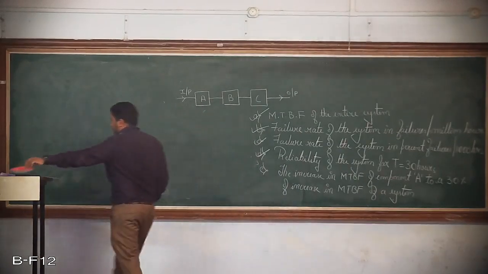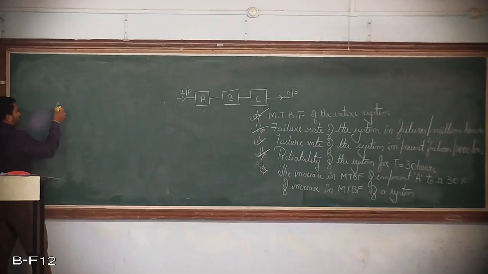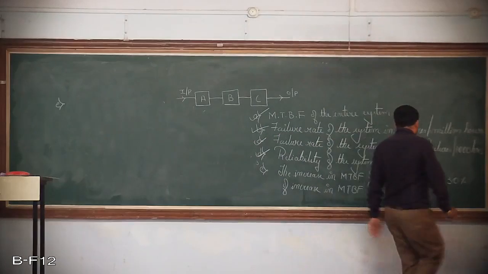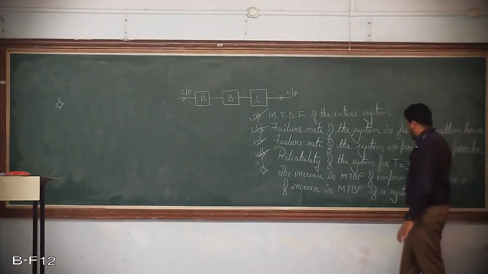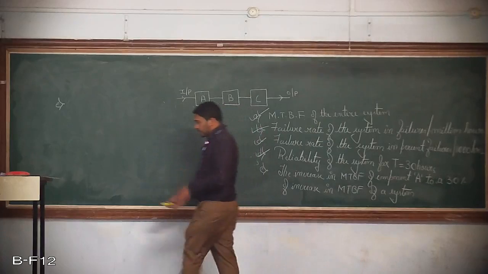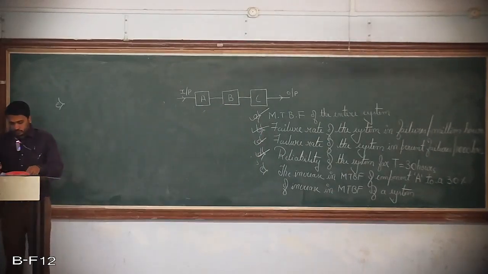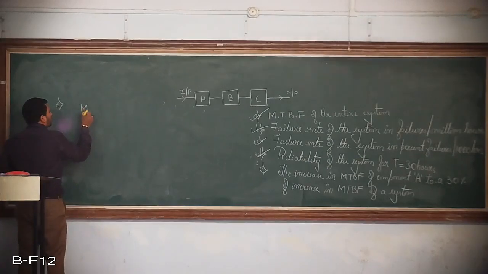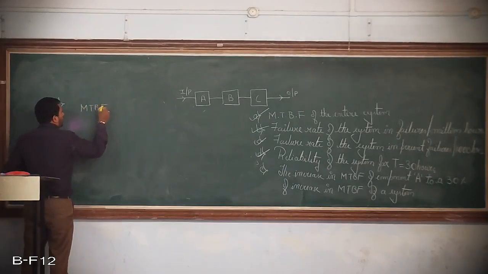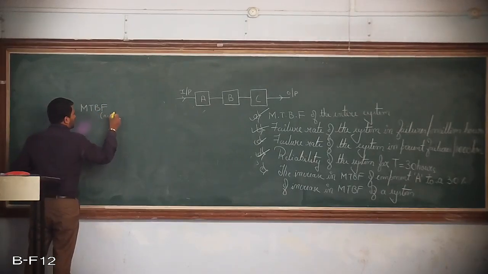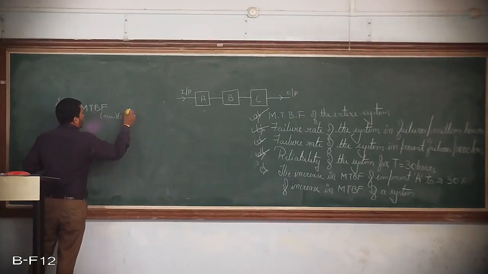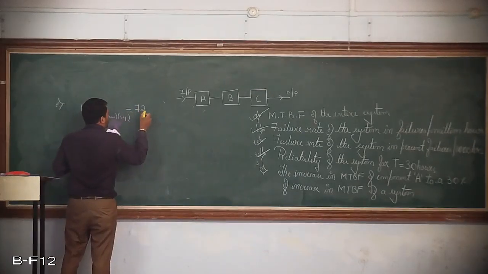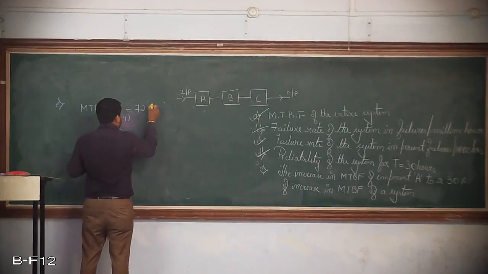And the last bit, that is E. What is the increase in mean time between failure of component A for a 30% increase in mean time between failure of the system. So the mean time between failure of the new system is the mean time between failure of the previous system, that is 72.73.